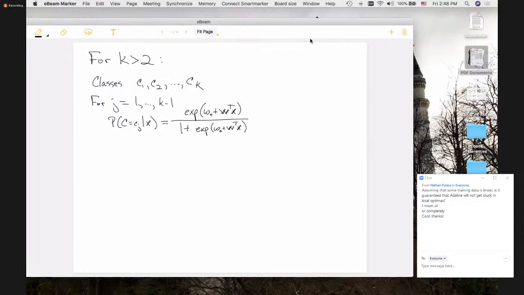And then we have to treat the last class a little bit differently so that we're making sure that we get a true probability distribution. And in fact, you can show that it equals this.